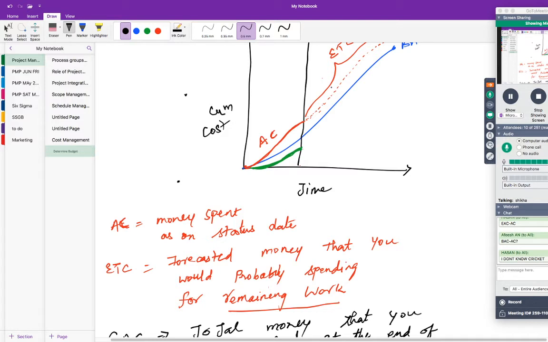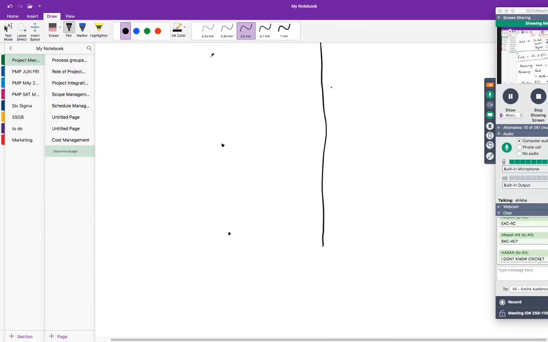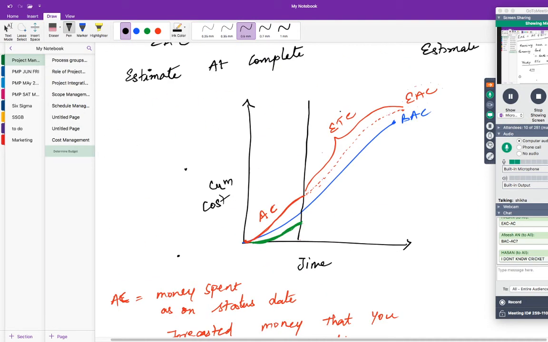So if you go in the same way, you're going to spend more money for the rest of your work also. In that case you're just extrapolating. So what have I done here? I have just extrapolated, right?